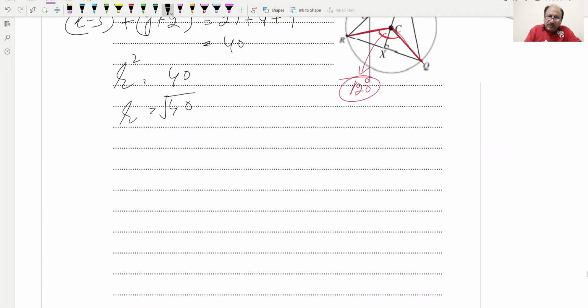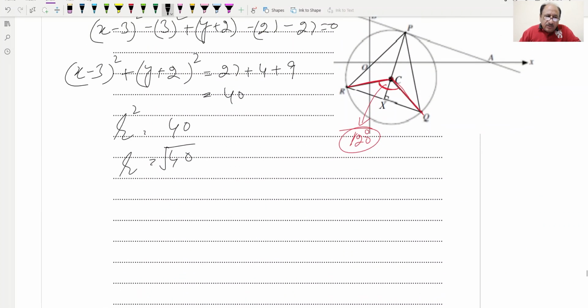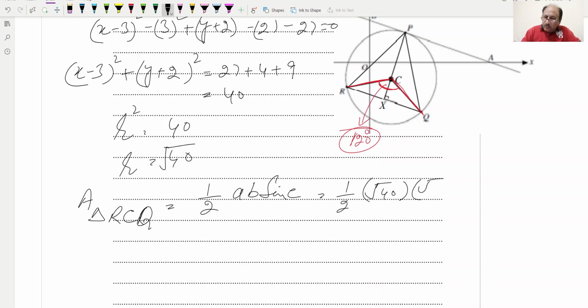Now the area of triangle RCQ will be equal to 1 by 2 into ab sine C, half into ab sine C, and this will be equal to half into the radius we found, root 40, into root 40 on both sides, and sine of 120 degrees.